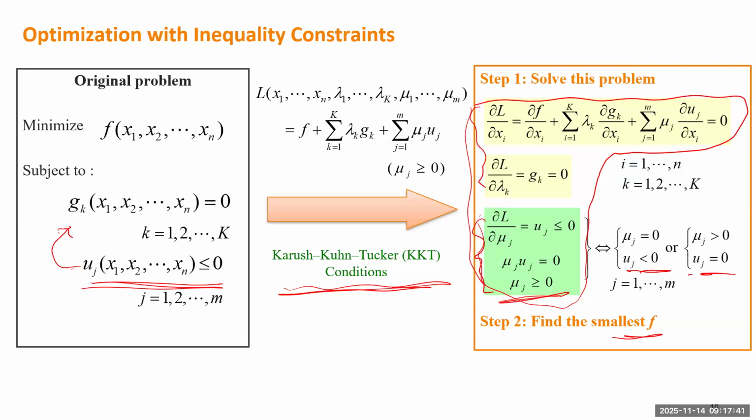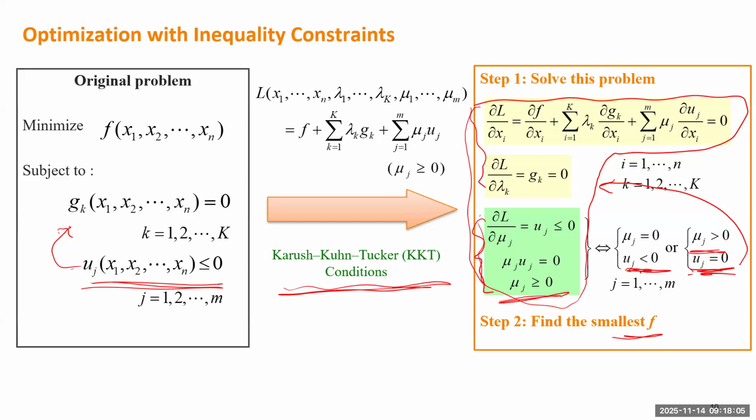We just check two scenarios. The first scenario is if u is exactly 0, which means you need to join this equality constraint, so mu needs to be positive. Mu is the Lagrange multiplier for the inequality constraint.